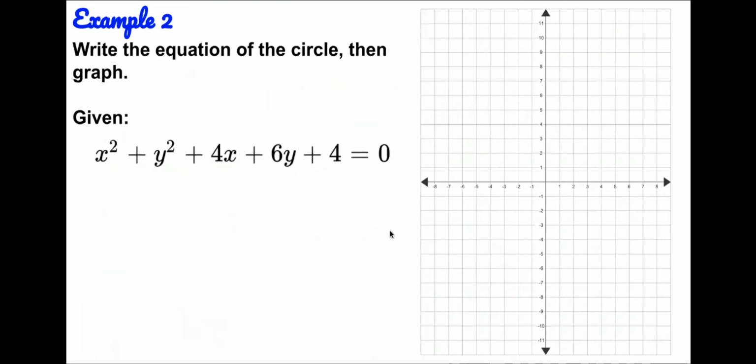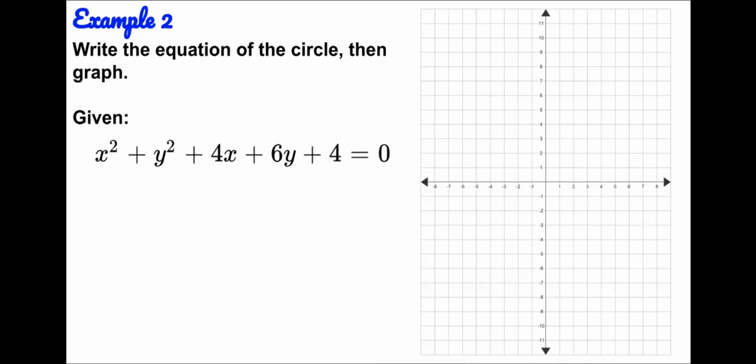All right, so here's example number 2. We have x to the power of 2 plus y to the power of 2 plus 4x plus 6y plus 4 equals 0. So first things first, let's go ahead and group all of our x's together and all of our y's together and move that constant to the other side. So let me go ahead and group.